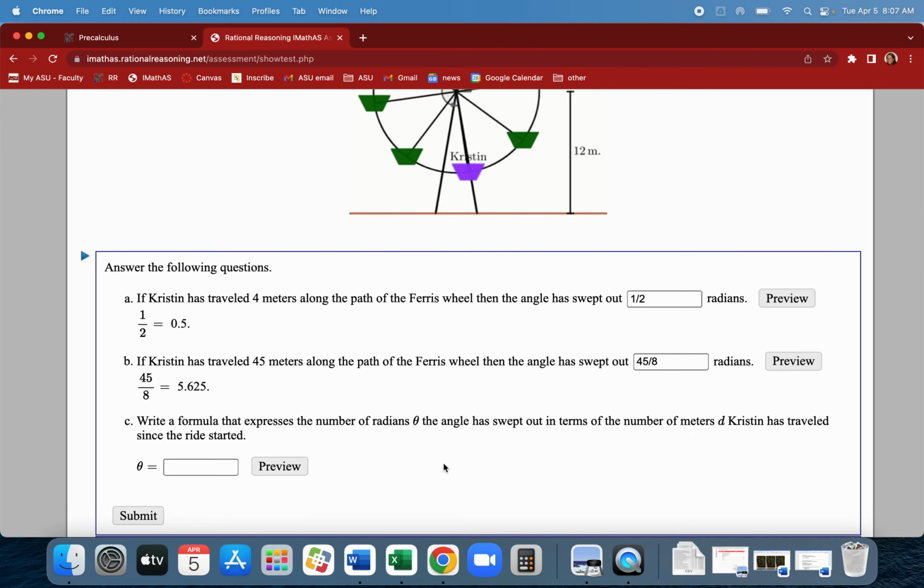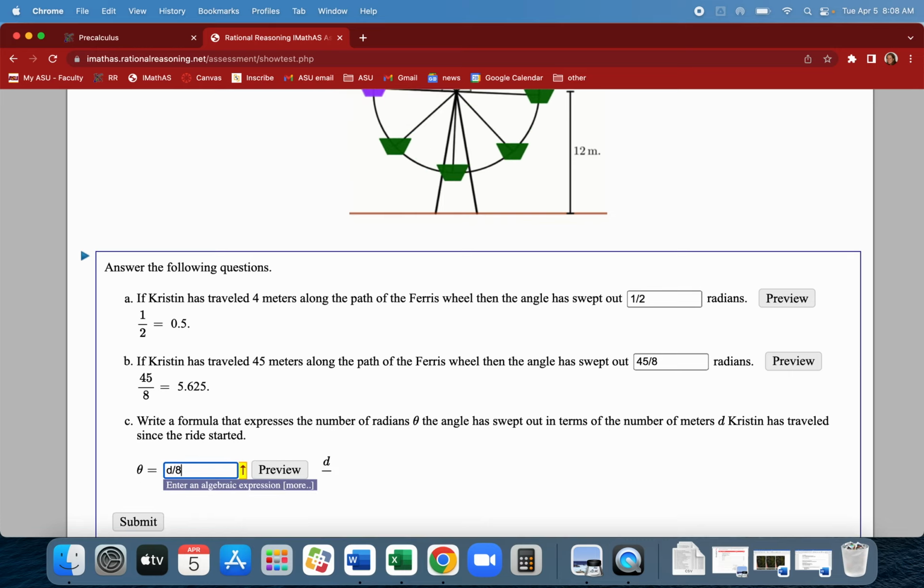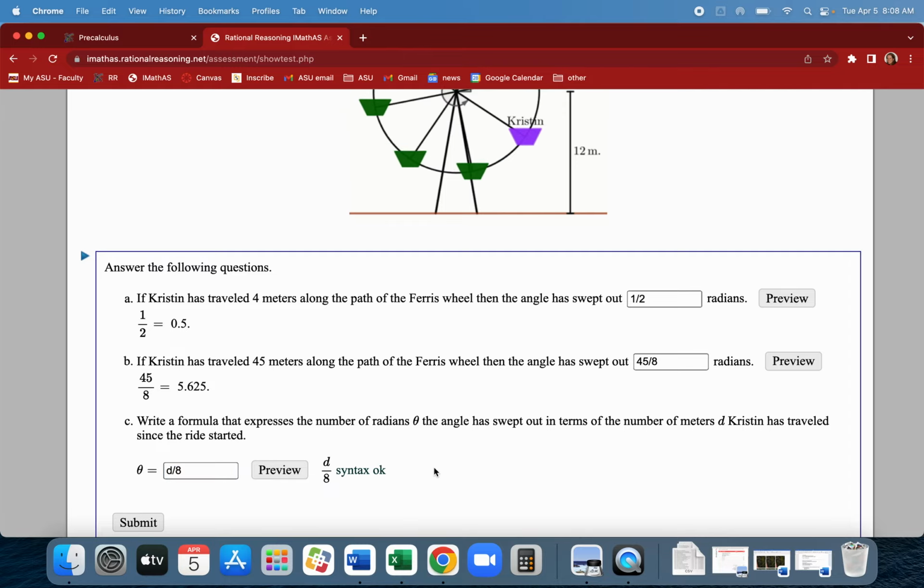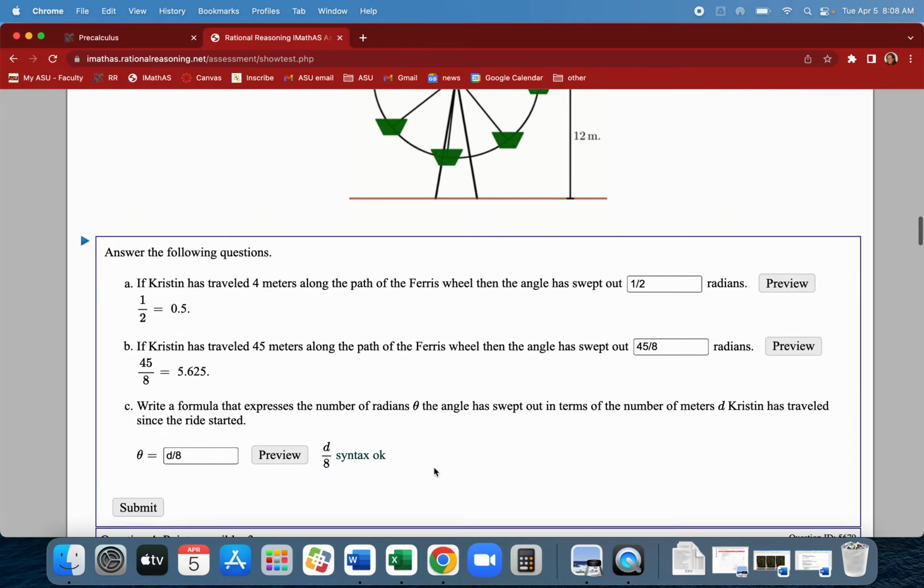So if I wanted to model, like I said, traveling around a Ferris wheel, unlike skiing, you might not really know how far you've traveled. You could certainly track that though. But the angle that she's gone through, measured in radians, based on the fact that she's traveled d meters, and this had an 8 meter radius, we could always say d over 8 for that.